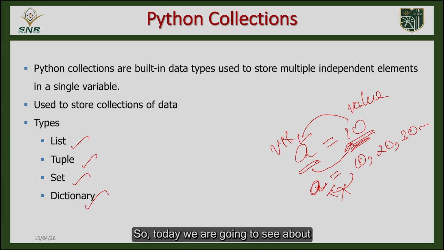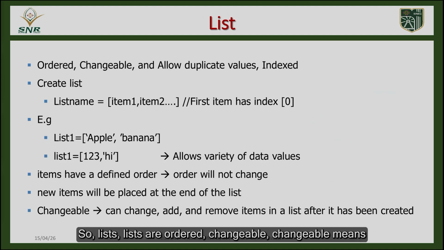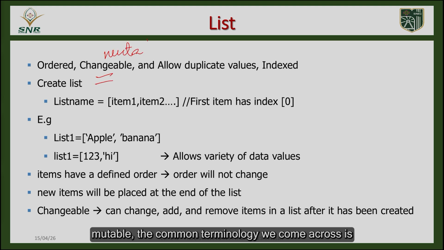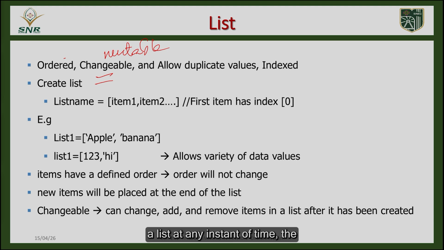Today we are going to see about lists and tuples. Lists are ordered and changeable. Changeable means mutable. The common terminology we come across is mutability. Mutability means it has the characteristic of changing the values which it holds. Even after you have assigned a value inside a list, at any instant of time, the values can be changed.